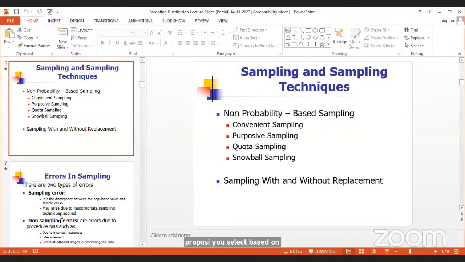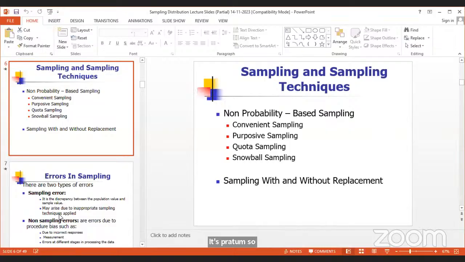Now let's look at quota sampling. You know, the Nigerian political system is based on quota. You want everybody to be represented. So it is similar to stratified sampling, but here you're not employing any simple random sampling to select from each stratum.